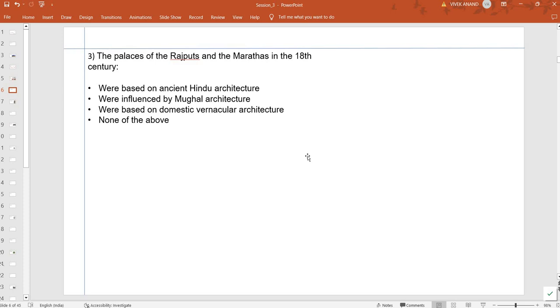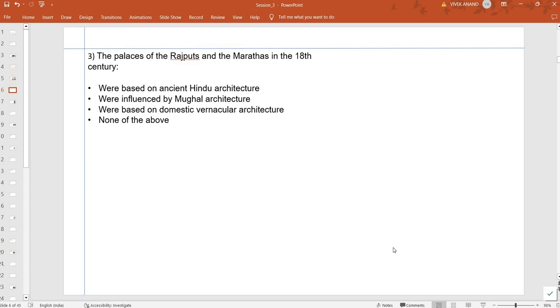The palaces of the Rajputs and the Marathas in the 18th century were based on ancient Hindu architecture, or were influenced by Mughal architecture, or were based on domestic vernacular architecture, or none of the above? Were influenced by Mughal architecture.